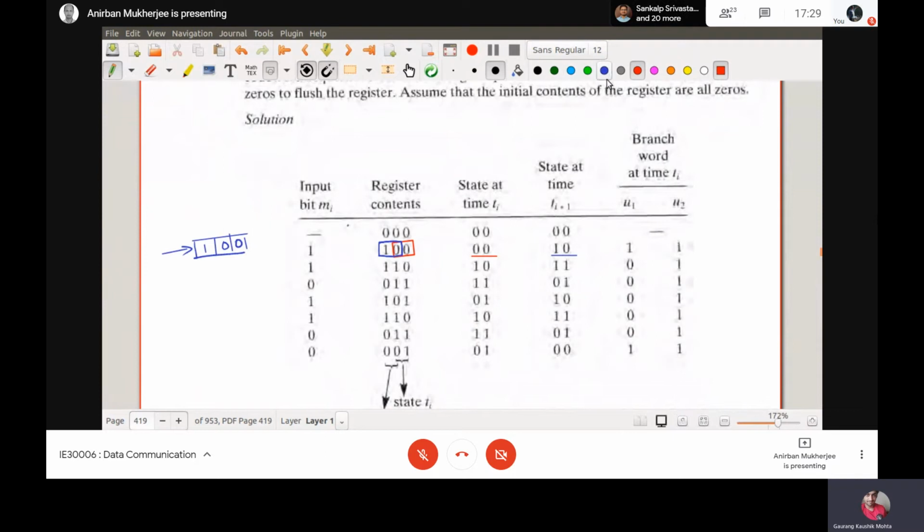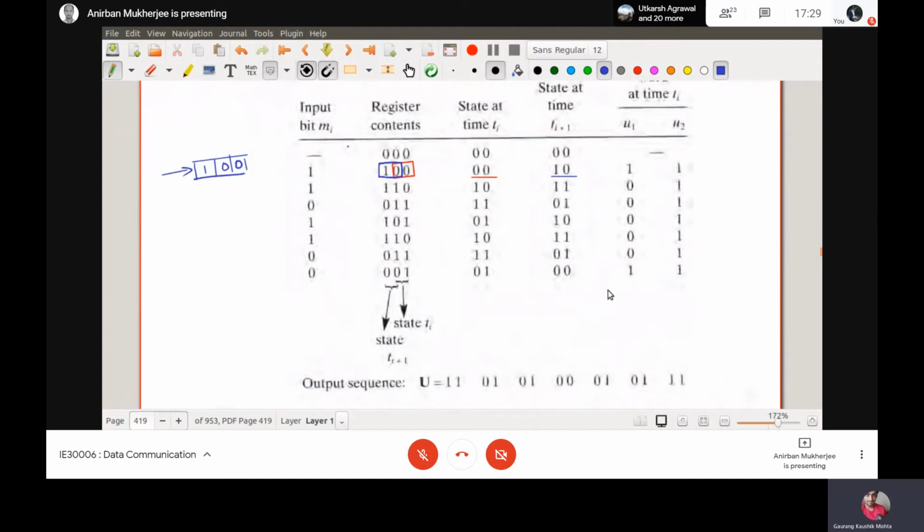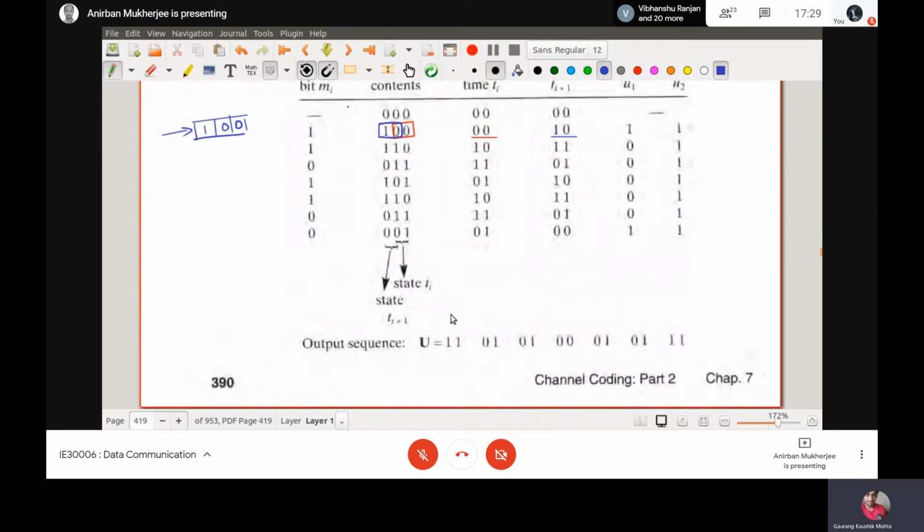That means you see that U1 was all three XORed, that is 1, and branch 2 was 1 and 0 XOR, that is 1. In this way, they are representing this, and the state at ti plus 1 they have kept as 1. So in this way, they are also generating the output sequence.